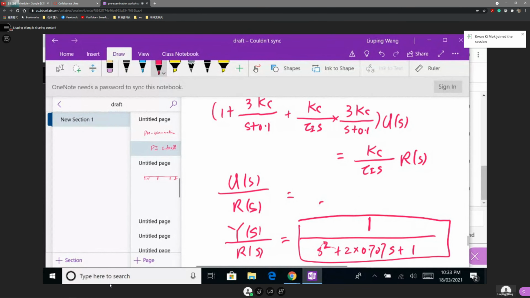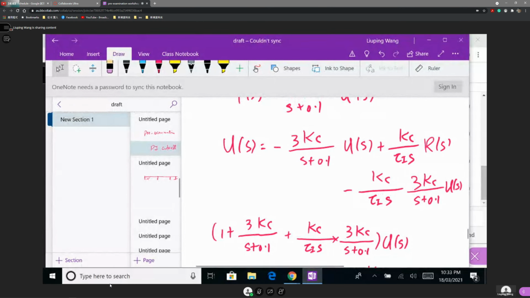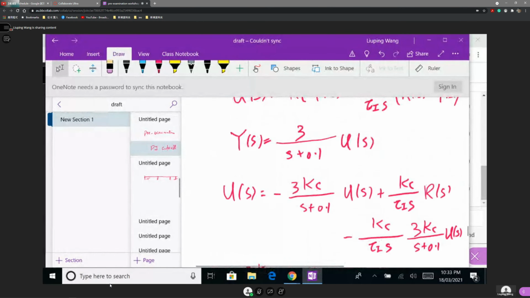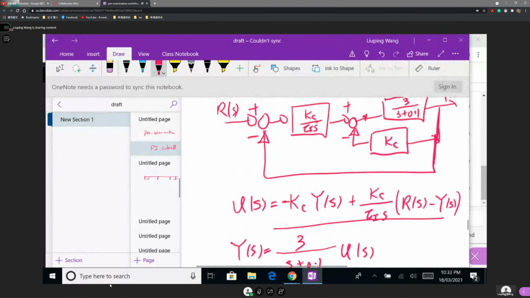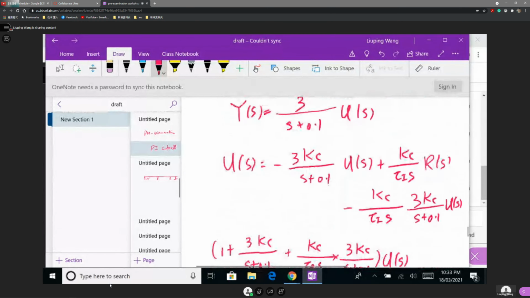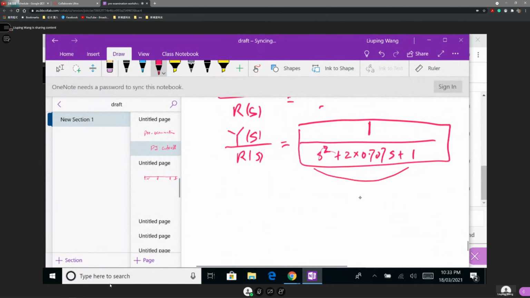If you put your proportional control on the output only, then it's much easier. Your poles are going to be the same, but you don't have the zero.